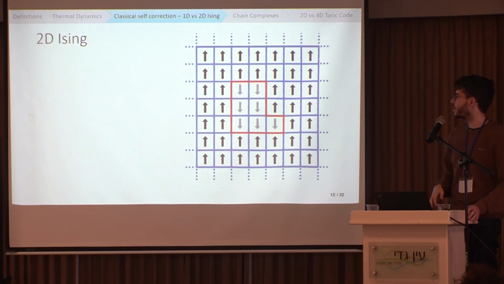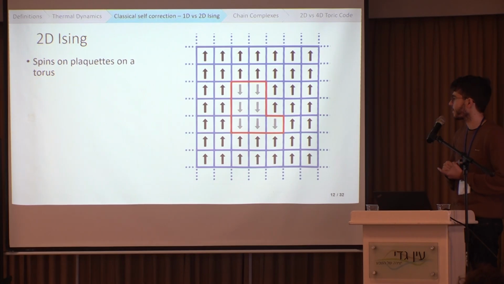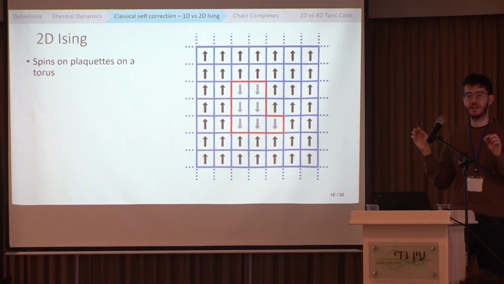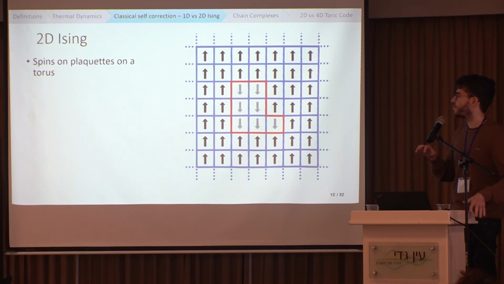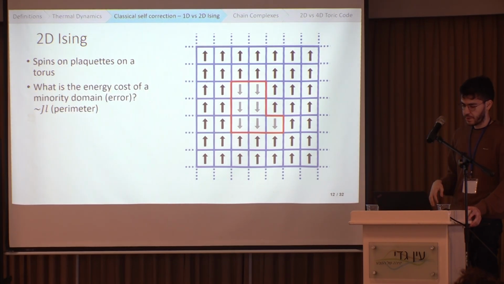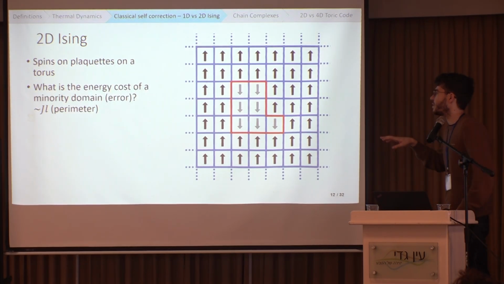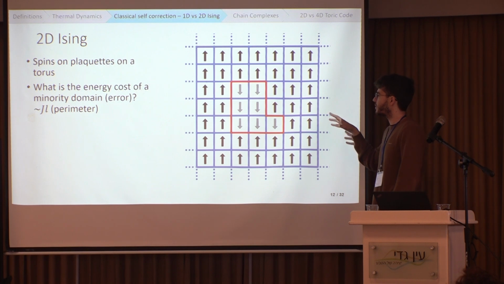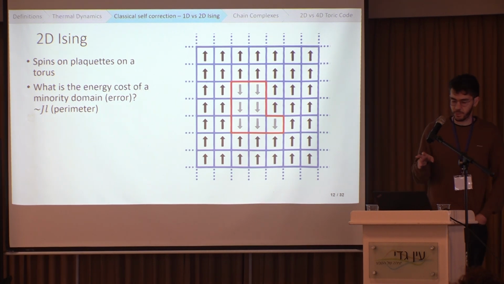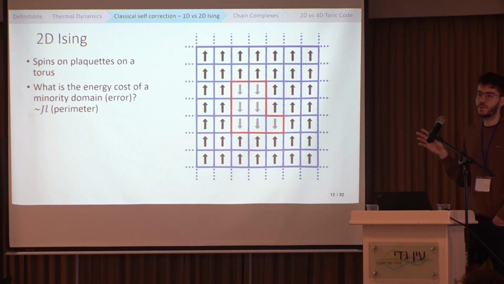We move now to the 2D Ising case. And now instead of having a chain, we have a lattice on a torus. And spins here would sit on plaquettes. We create a minority domain, an arrow, and we ask what's the cost we pay now.